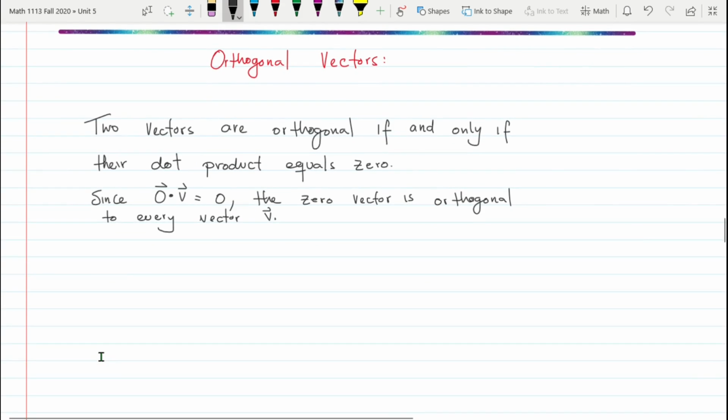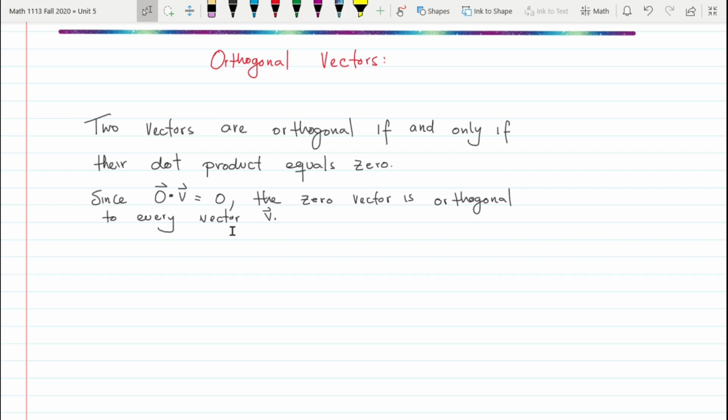Then orthogonal vectors are two vectors where, when we look for the angle between them by performing the dot product, it equals 0. So orthogonal vectors, whenever you take the dot product between them, equal 0.